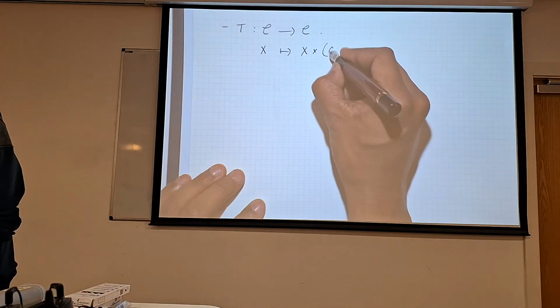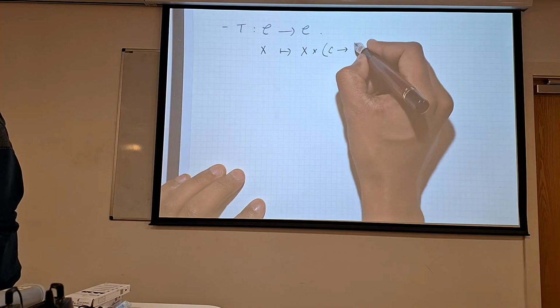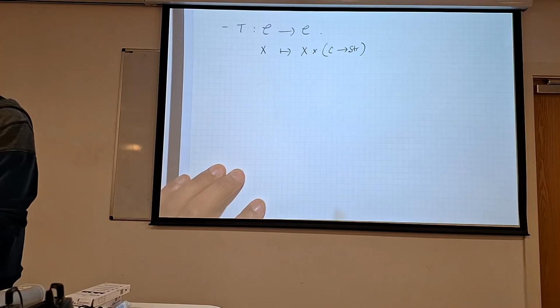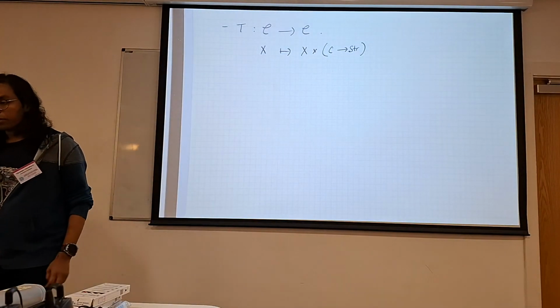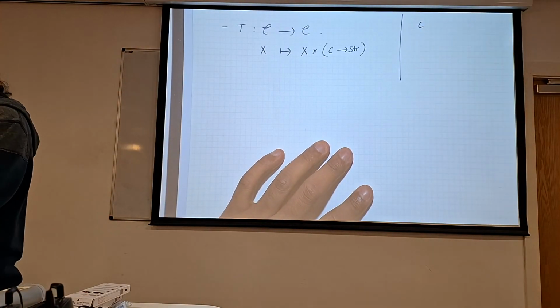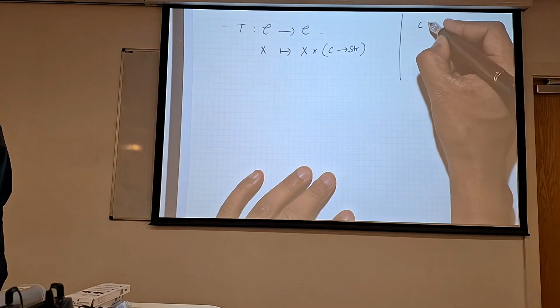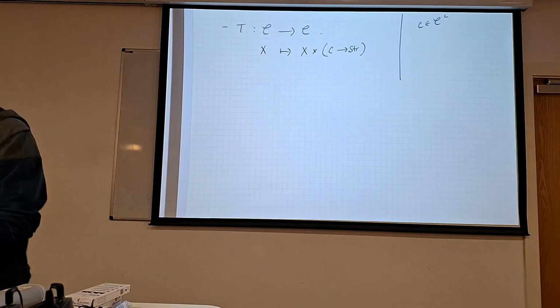So I need a C, and I need my sets of channels and my sets of strings. So the object C that we started with sits inside this category C of C.